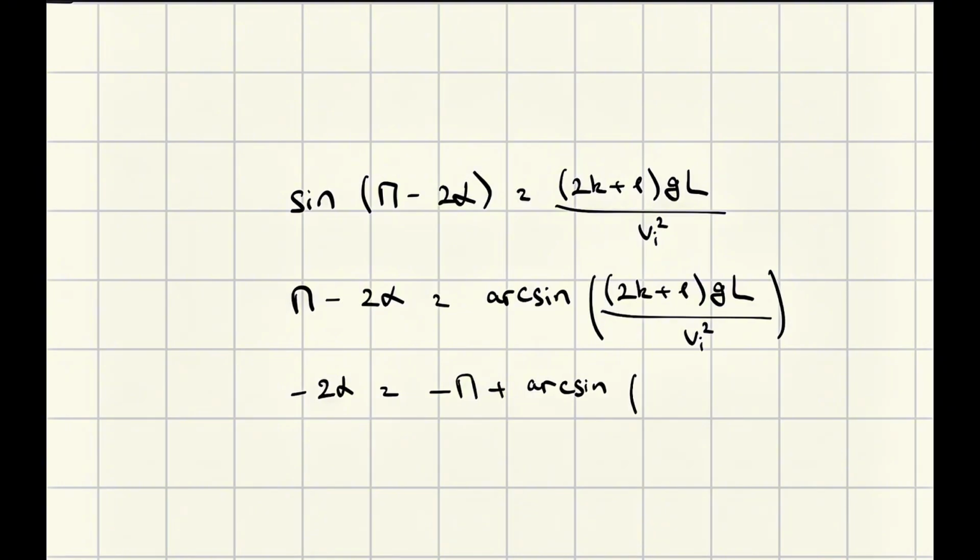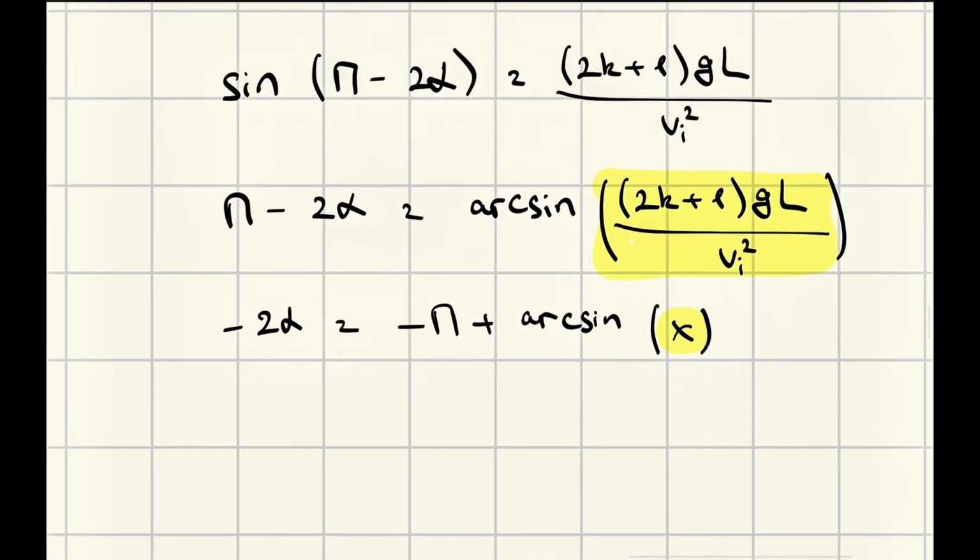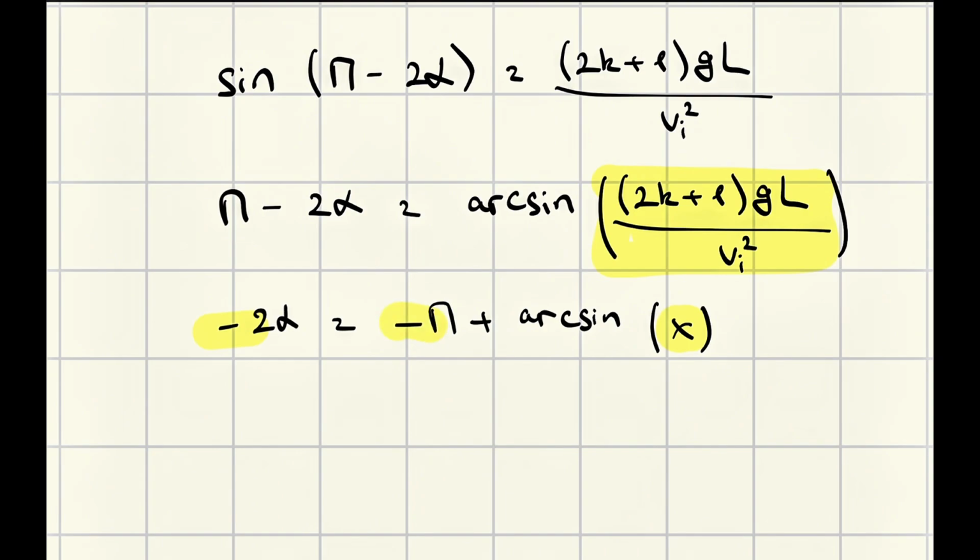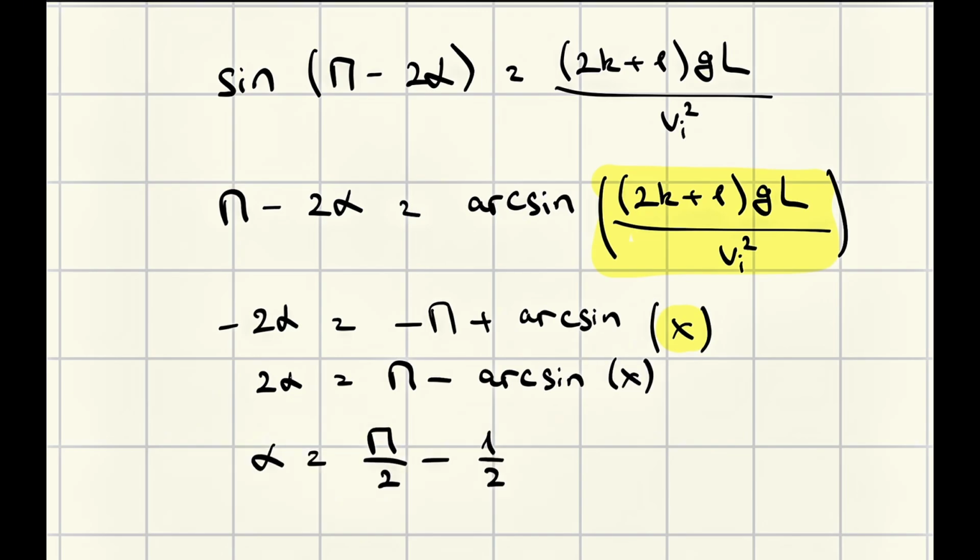And this thing, let me just call it x, it doesn't matter. This entire thing is this small x. I don't want to write it all the time, but we can change this minus and this minus. We can make it positive on both sides. If we multiply by -1, it would be 2 alpha equals pi minus arcsine of x, and so alpha equals pi divided by 2 minus 1 divided by 2 arcsine, again, of x.